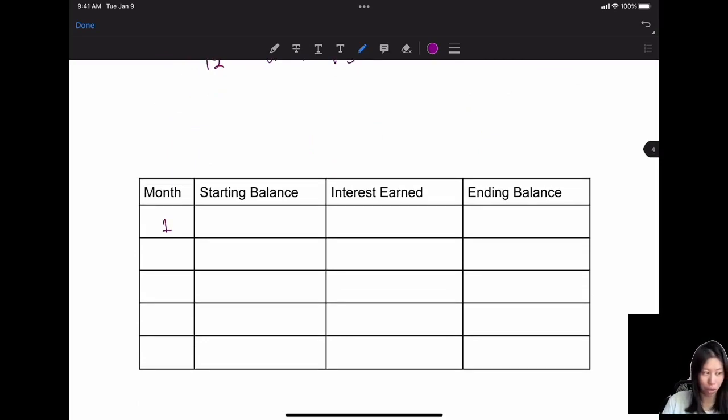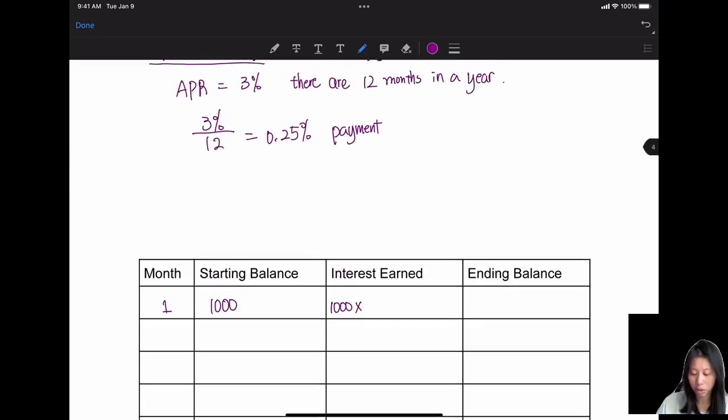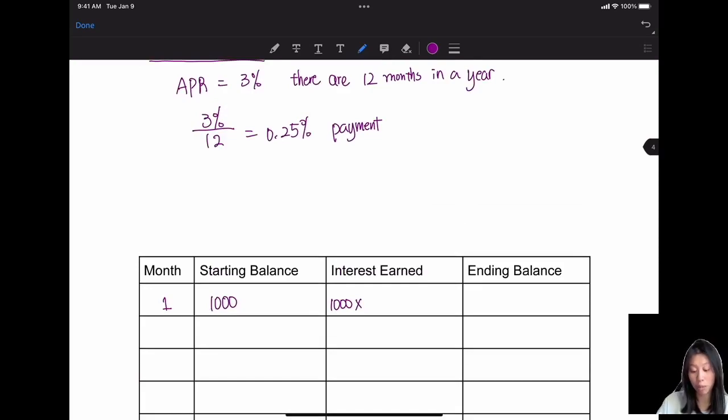In the first month, your starting balance is the $1,000 you put in, right? How much interest did you earn after the first month? You're going to get $1,000 times 0.25%, which is 0.0025.